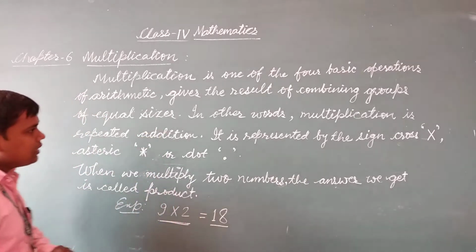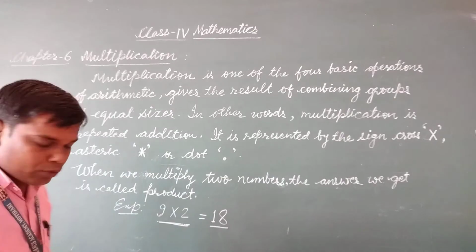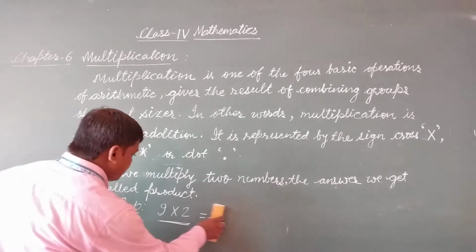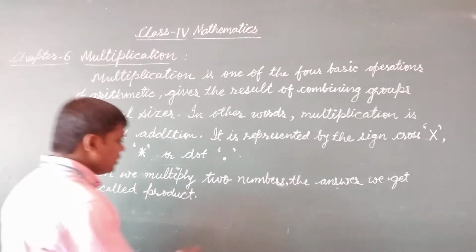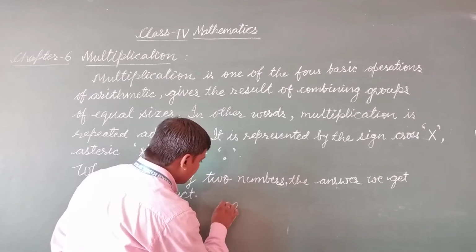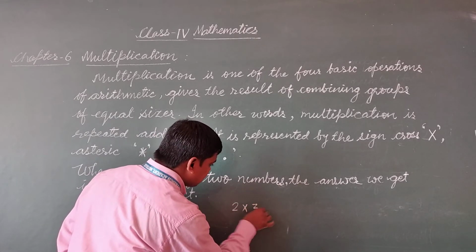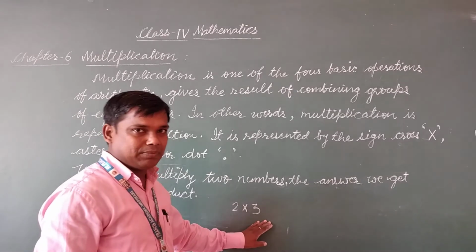I have written here multiplication is repeated addition. So this you can understand by another example. Suppose I have written 2 multiplied by 3 means 2 has come 3 times.